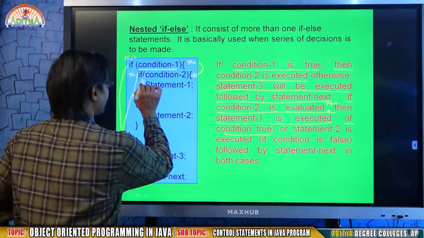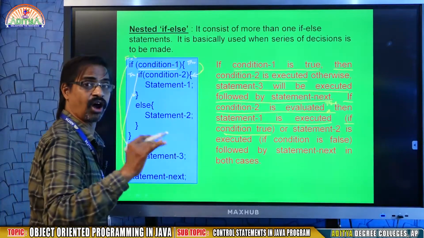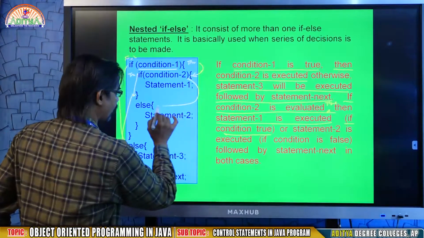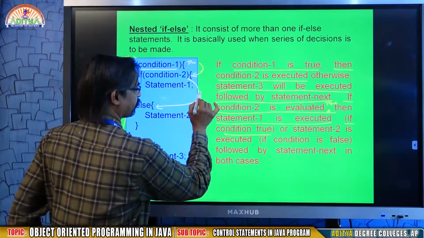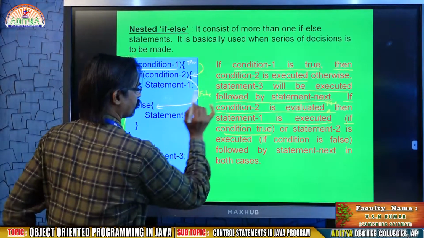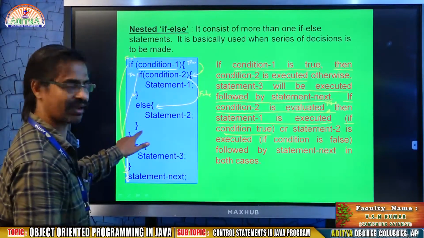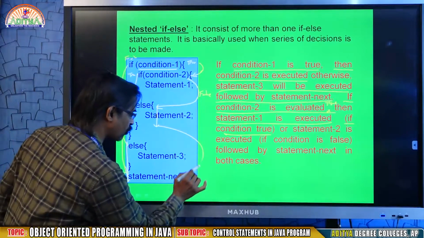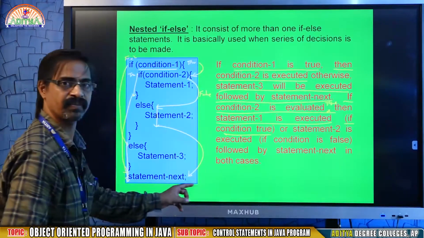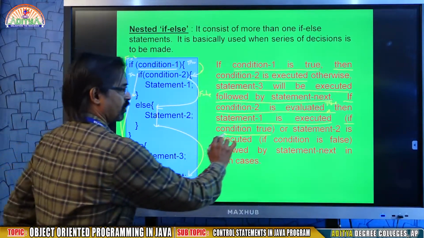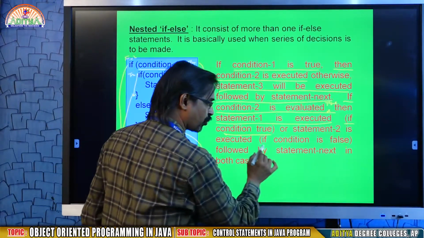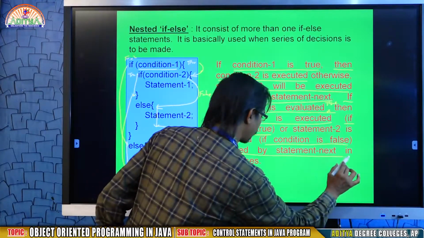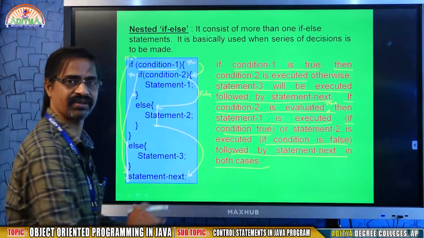In case condition 2 is not true, that means false, it will go directly to the else. From that place it will execute statement 2 and then go to statement next. So statement 2 is executed if the condition is false, followed by statement next in both cases.